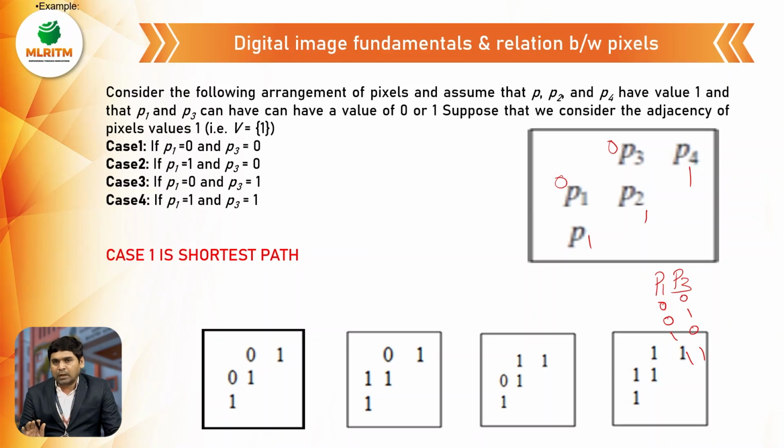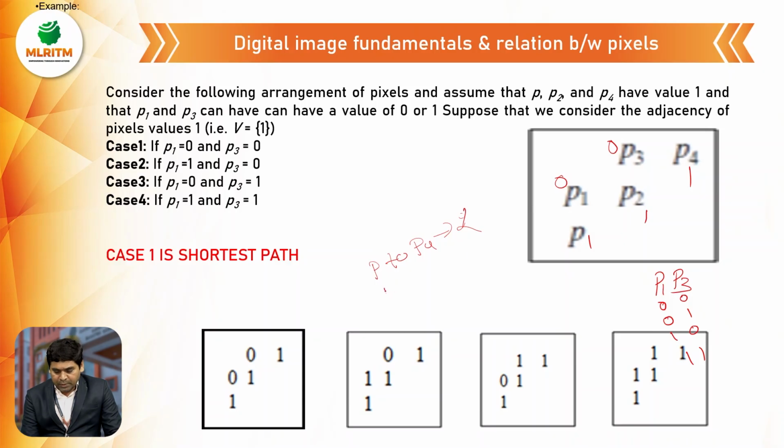Two pixels of the same intensity level have a distance of 1. So P2 to P4 distance is 2.